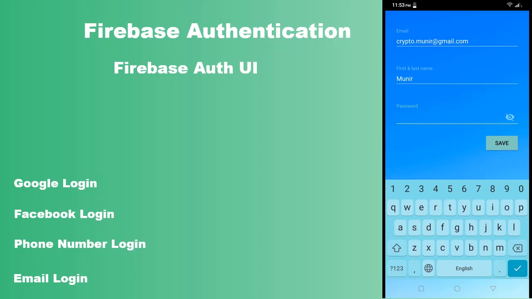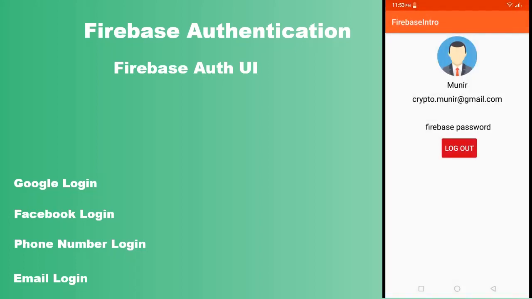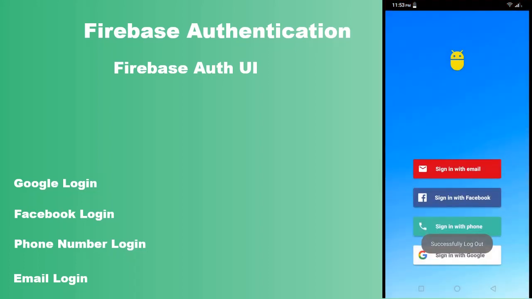In this case my password is 12345667, and save. And this is my name, my email, and this time the login provider is password, and we do log out. So these 4 options are working fine.